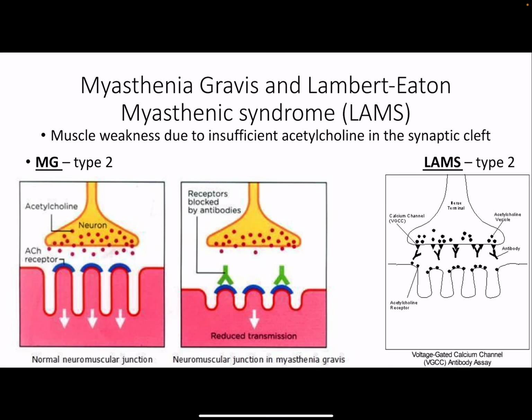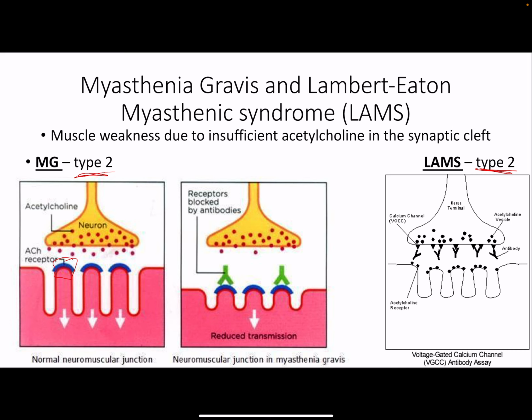Myasthenia gravis and Lambert-Eaton. These are just going to affect neuromuscular junctions and cause muscle weakness. Both of these are type 2. Their antibody initiates the process. It wrongly, falsely accuses somebody. Myasthenia gravis is going to go for the receptor. Acetylcholine can't bind to the receptor, so it's harder to contract the muscles.